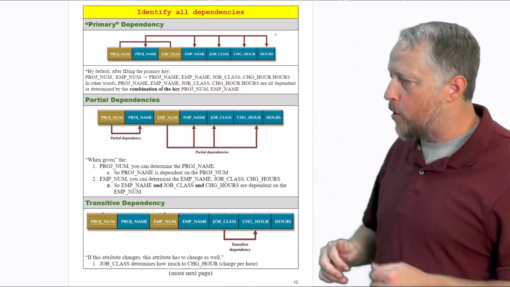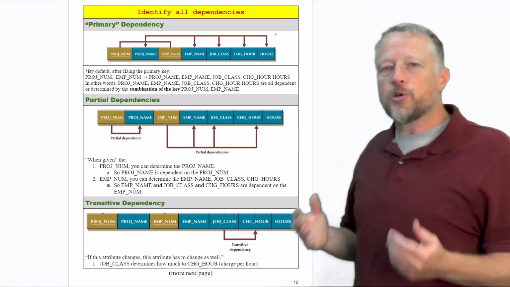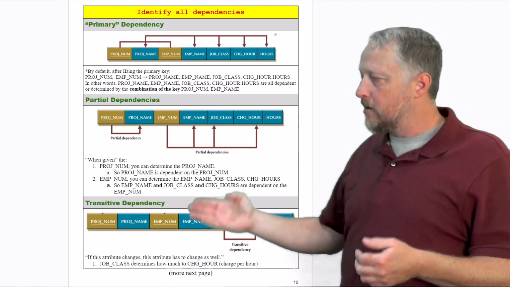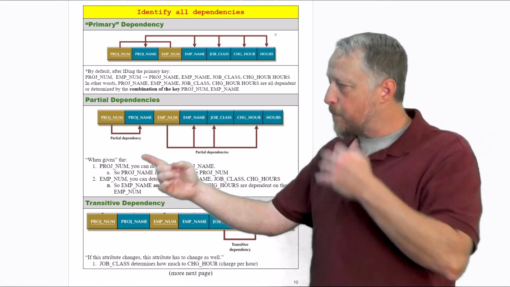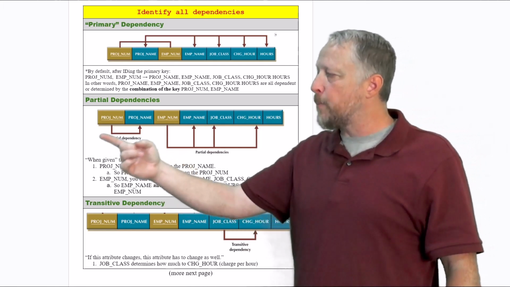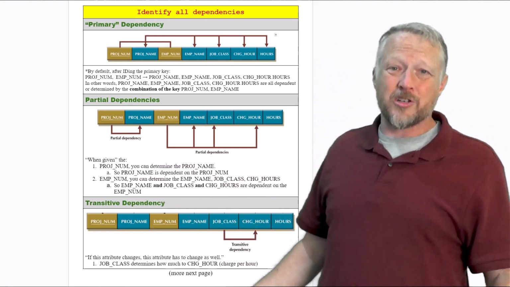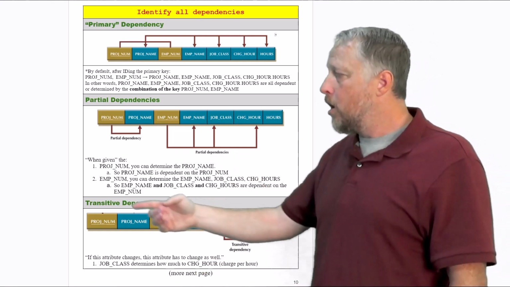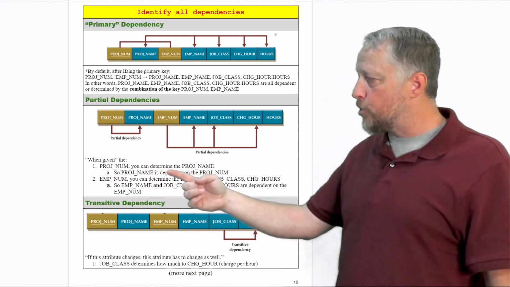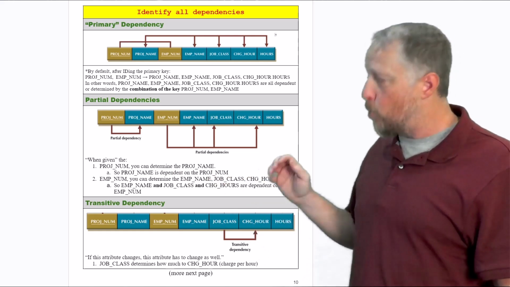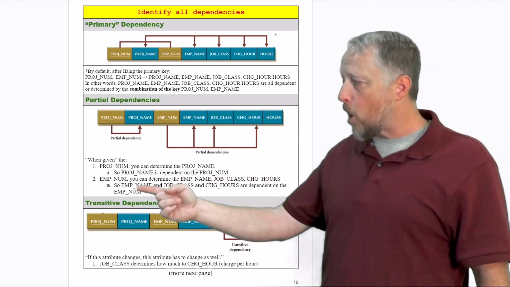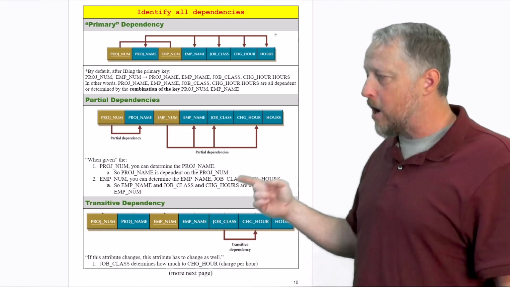Now we get into the partial dependencies. Partial dependency is just that. Let me give you an example. A project name is going to be dependent on the project number. And that actually should make a decent amount of sense. When you're given the project number, you should be able to determine the project name, or vice versa, meaning project name is dependent on the project number.